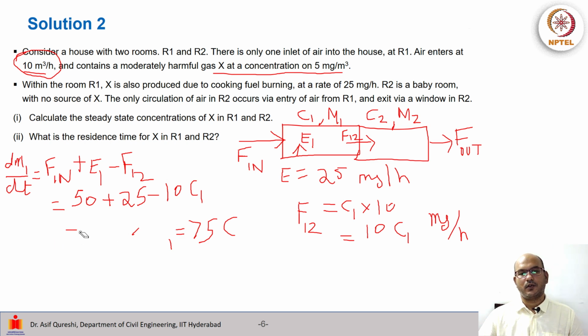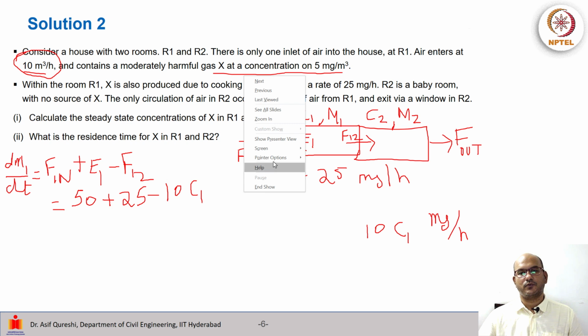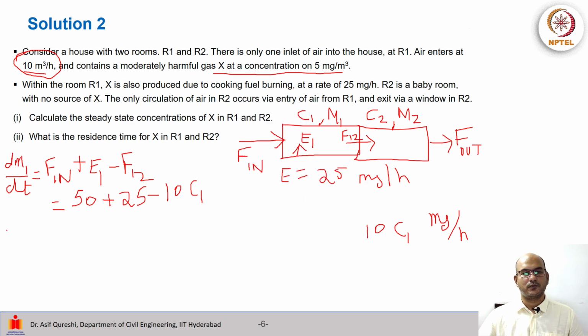Okay. Now what is with the second room? This 10 C1, F12, goes to room 2. So dm2 by dt is equal to F12 minus F out.